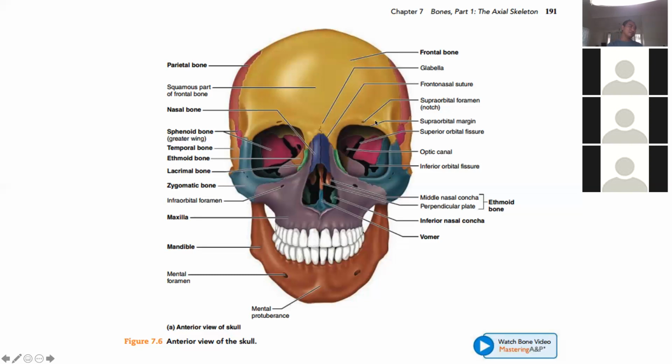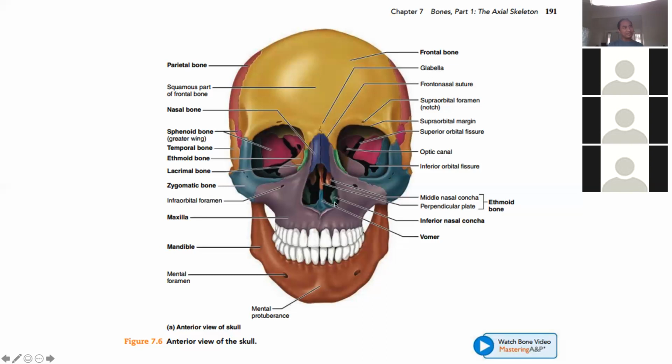Looking from the front, look at the frontal bone, which is big, isn't it? Frontal forehead, frontal bone. This is the orbit, left orbit. Our eyes will sit inside here. Left eye, right orbit for the right eye.